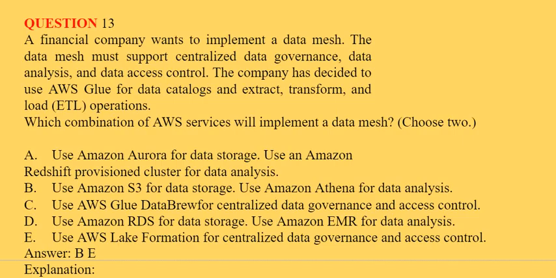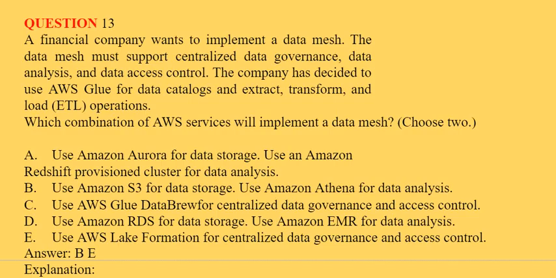Choose two options. Option A, use Amazon Aurora for data storage. Use an Amazon Redshift provisioned cluster for data analysis. Option B, use Amazon S3 for data storage. Use Amazon Athena for data analysis.